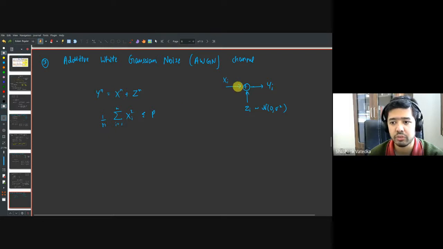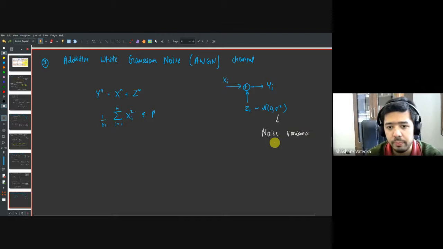So for every time I send an xi through the channel, a single number, the output is going to be a real number, and yi is equal to xi plus zi, where zi is a Gaussian random variable with zero mean and some variance sigma square, where sigma square is sometimes called the noise variance, or sometimes the noise power. Okay, so this is exactly the model.